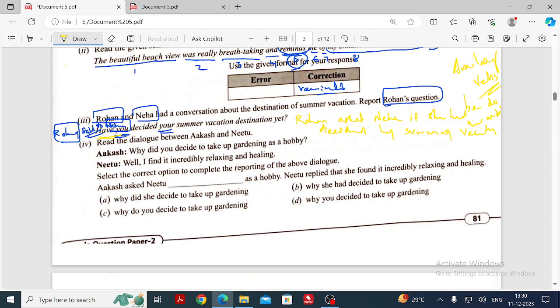And the next one, again reported speech. Reported speech is the most important topic. Like error spotting, you should give it more importance, or else a very careless mistake, a blind spot, will be there. Definitely you will make the mistake unknowingly.